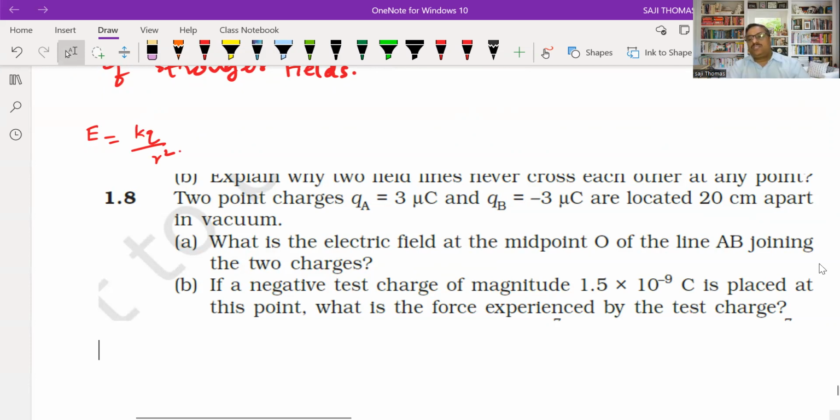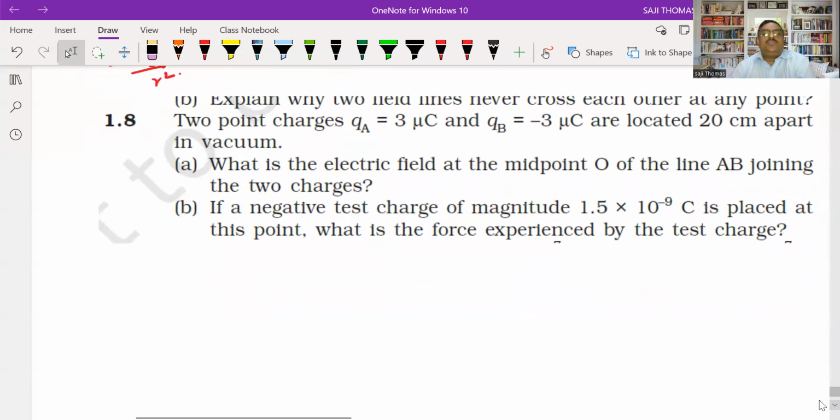So we can do this question. Question number 1.8. Two point charges, 3 microcoulomb and -3 microcoulomb, are located 20 centimeter apart. What is the electric field at the midpoint of the line joining the two charges?